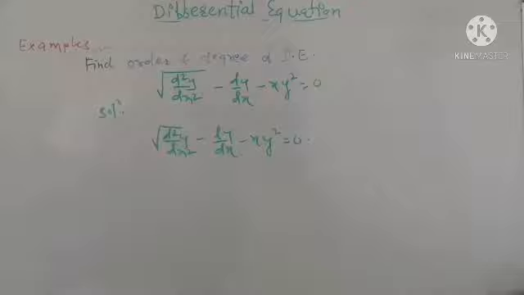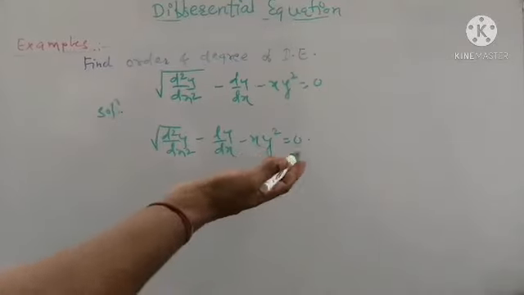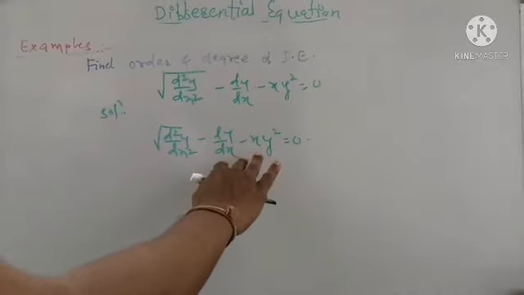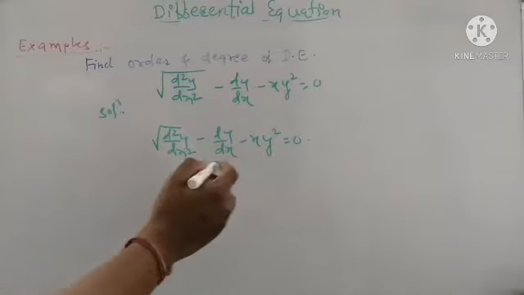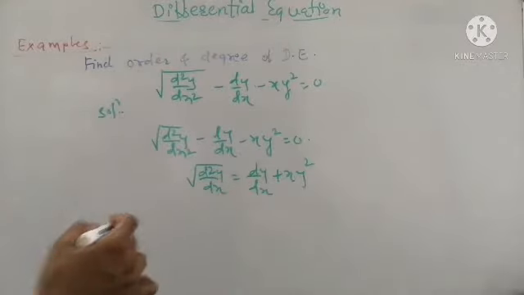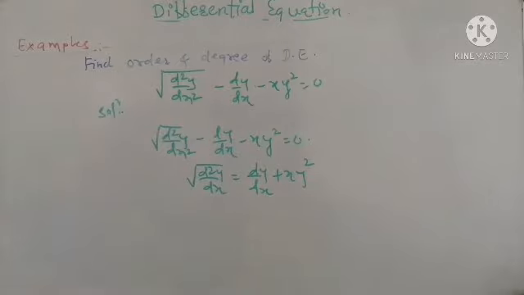In this example, as you can observe, a radical sign is there, and all these terms are on the left hand side. We separate the radical term so that we can simplify this. For that we take these terms free of radical sign to the right hand side. So on the left hand side we get root of d square y by dx square, and on the right hand side, as the sign changes, we get the first term dy by dx plus xy square. Now as a root is there, we have to take only the square on both sides.